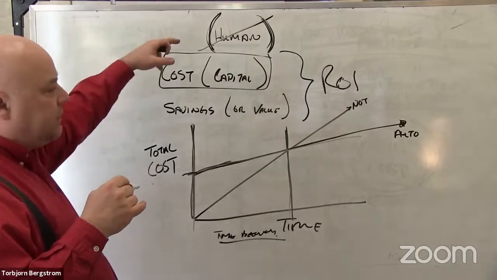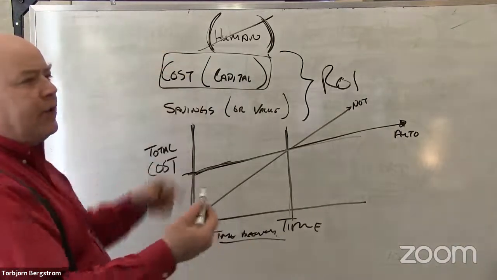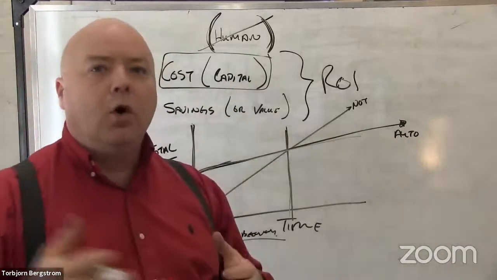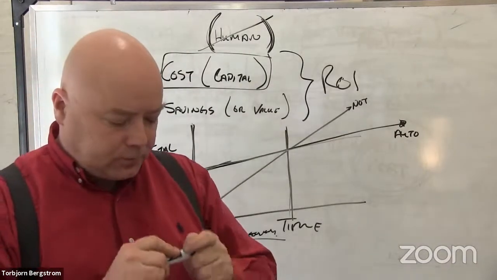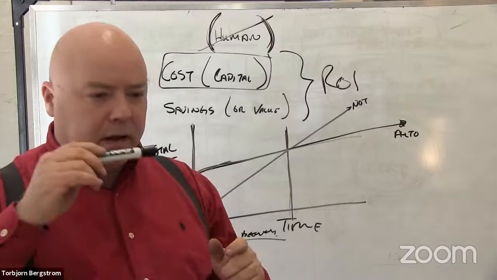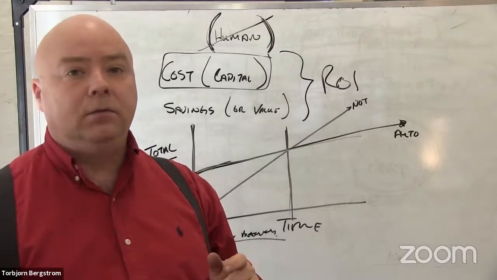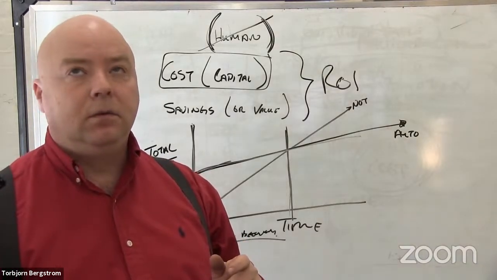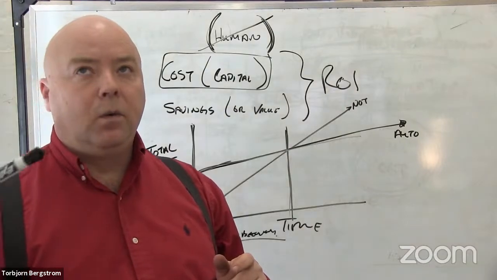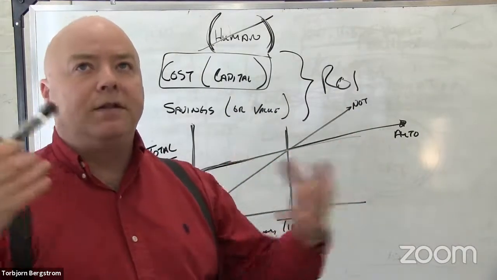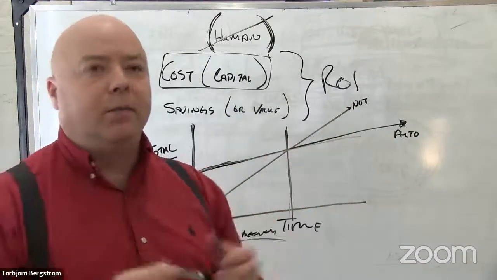We can take the person and move them to a more valuable part of the process, or we could let them go. If we let them go, what are the risks that we incur at the point that we let them go?